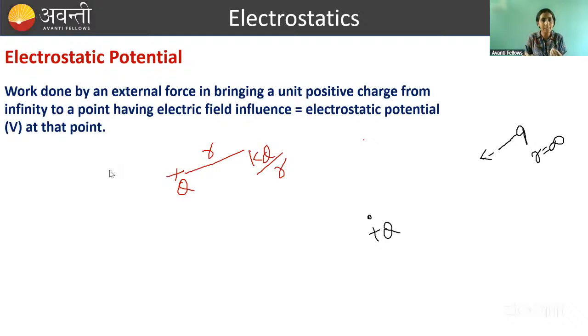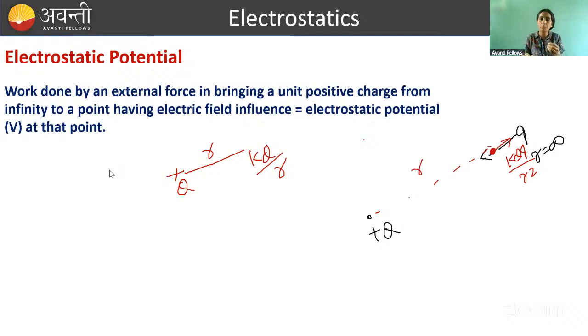And for it to not accelerate, what is important? There is already electrostatic force acting between plus Q and small q if the separation between them is finite, right? And that electrostatic force will repel this test charge, and the magnitude will be this much at any separation R, right?